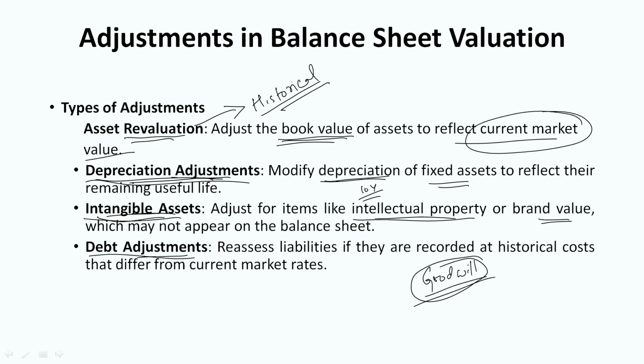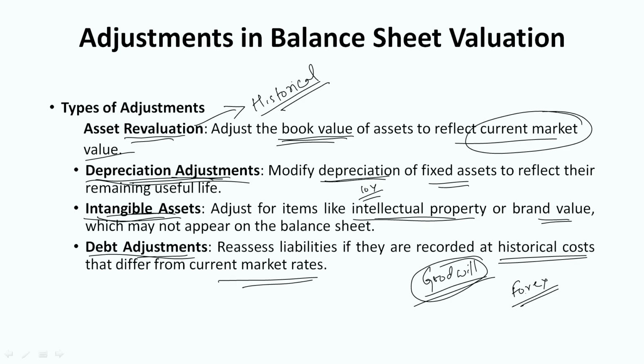Debt adjustment is required because, let us assume that you have borrowed some money from the market and you are calculating cost at the historical rate, but the current market rate might be different. This becomes significant in case of forex transactions.